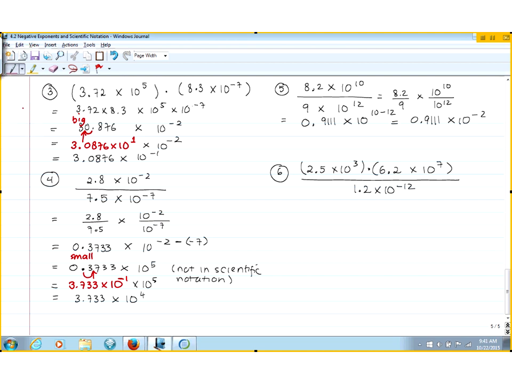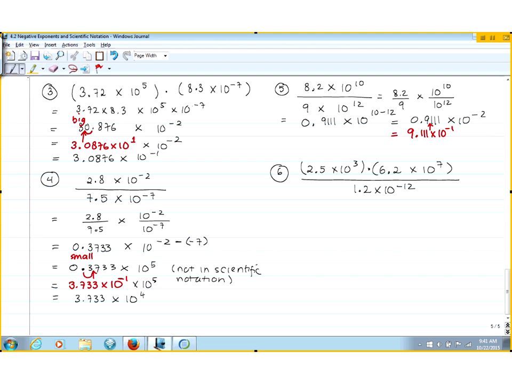All right. Is this in scientific notation? No. How do I replace this? Move it here. So this is 9.111 times what? 10 to the negative 1 times 10 to the negative 2.